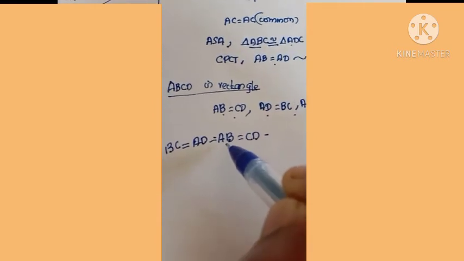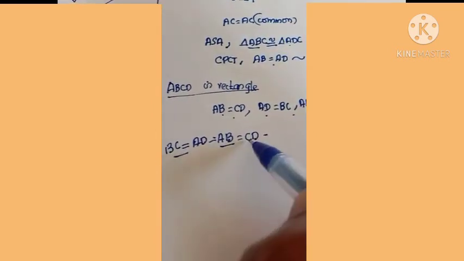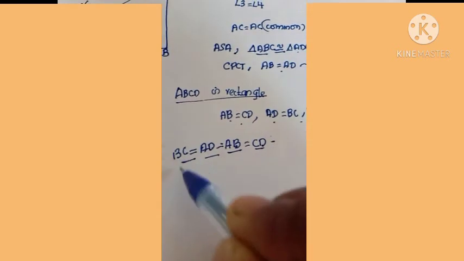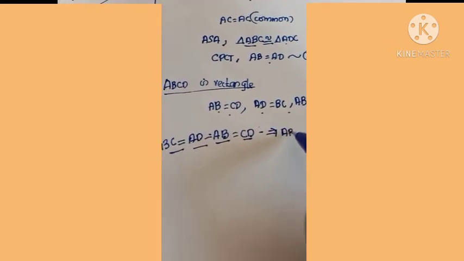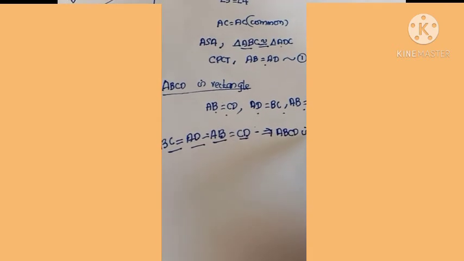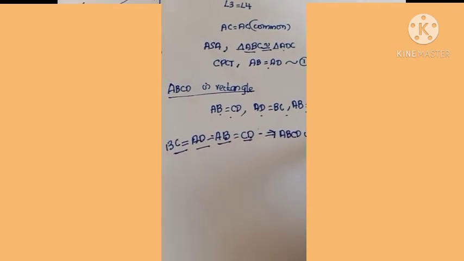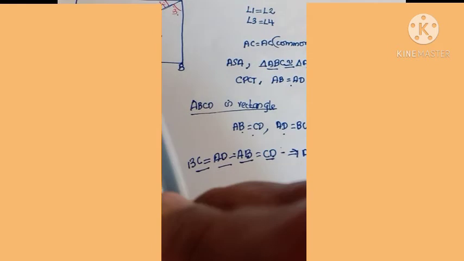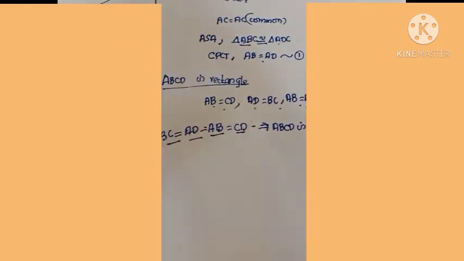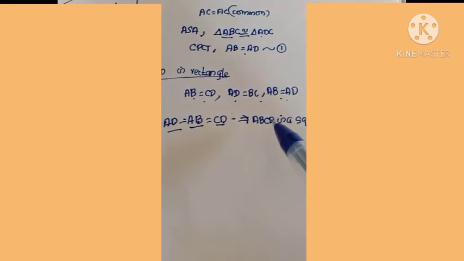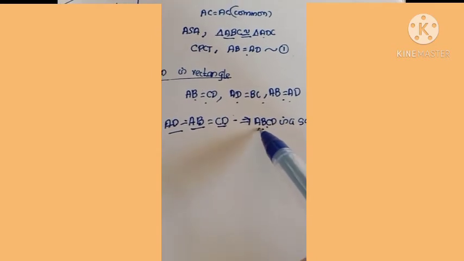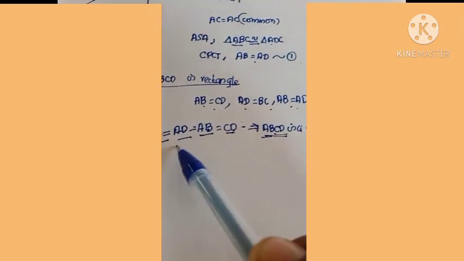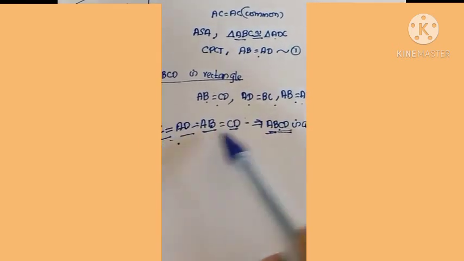Look here, AB, BC, CD, AD, all the sides are equal, which implies ABCD is a square. And rectangle means all the angles are also 90 degrees, so there is no need to prove all the angles equal to 90. It's already given. We need to prove all sides are equal only.